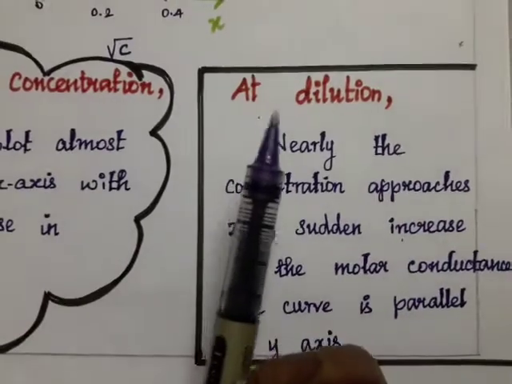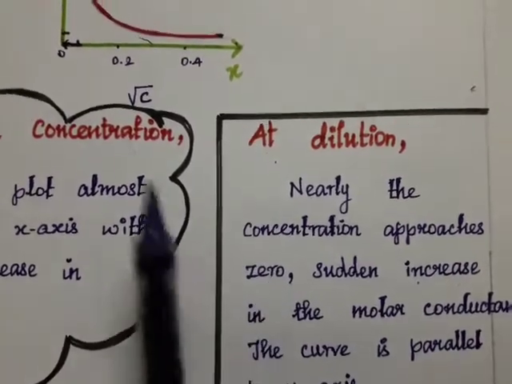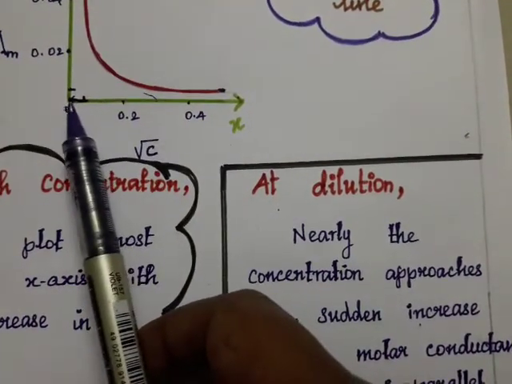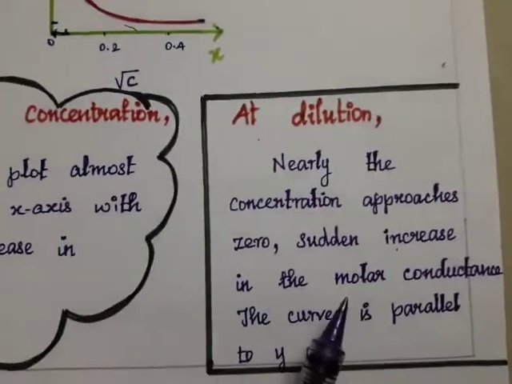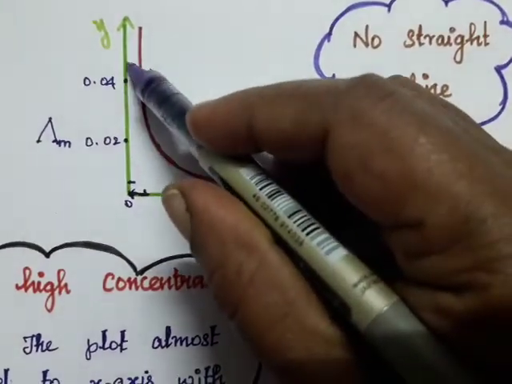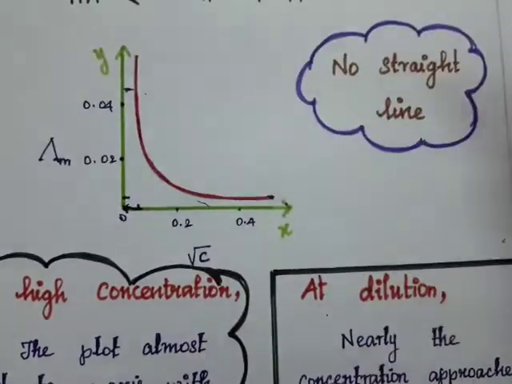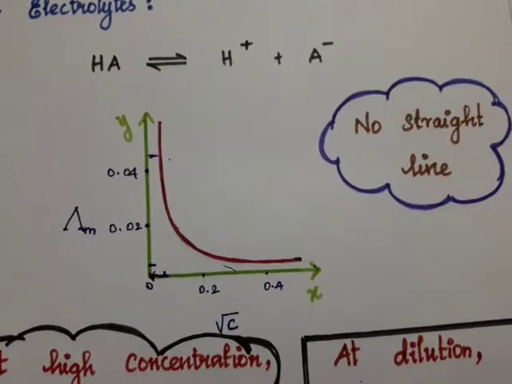But at high dilution, when the concentration nearly approaches zero, there will be a sudden increase in the molar conductance, and the curve is parallel to the y-axis. So this is the graphical representation for the weak electrolytes.